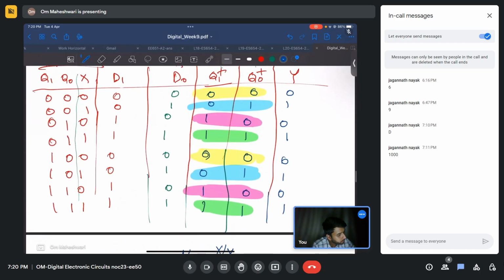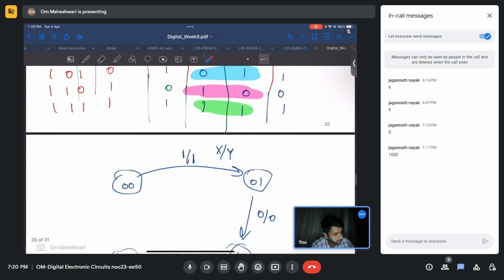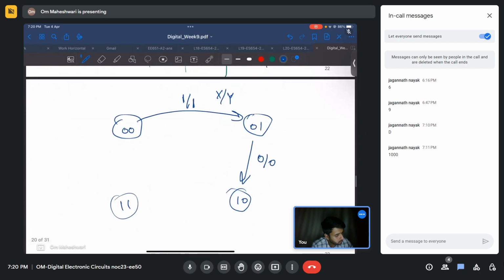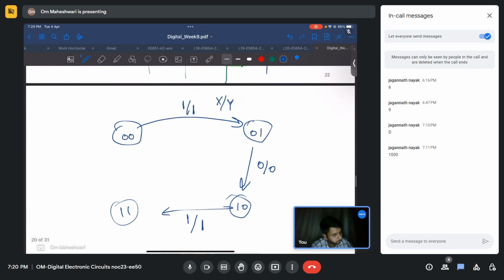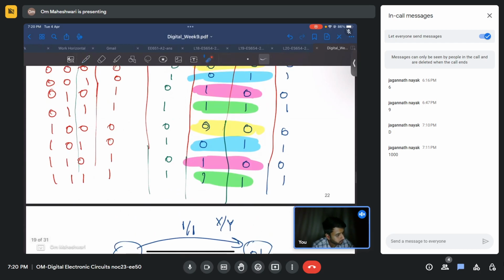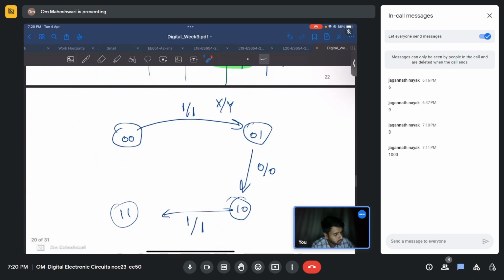Then we'll go from 1 0 to 1 1. X is 1, Y is 1. We go from 1 1 to 0 0. X is 0, Y is 0.